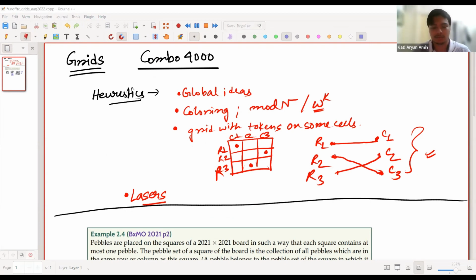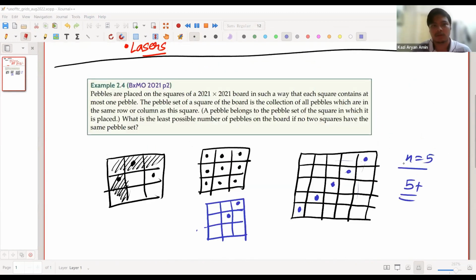So suppose you have something like this. Consider this square, it has a pebble set this, right? And consider this square, it also has the pebble set this, right? So these have the same pebble set, and hence it cannot work. Does that make sense?